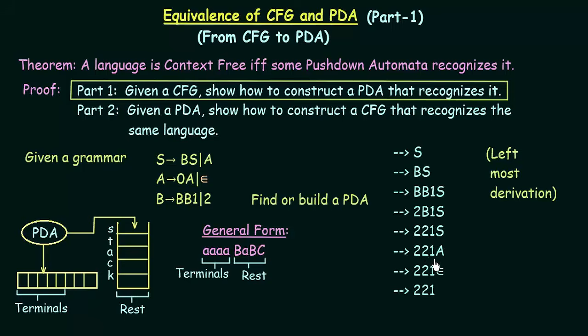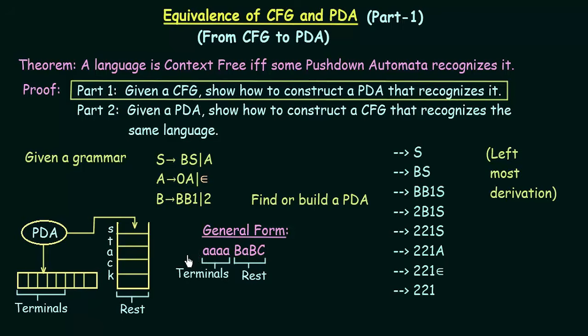These are my terminal symbols, and this is a non-terminal symbol which is yet to be expanded. So I can write it like this. So I have A, which represents my terminals, and then this represents the rest of the symbols that have to be considered. So here I have B, which is a non-terminal, then I may again have a terminal, and again I may have a non-terminal B and another non-terminal C.